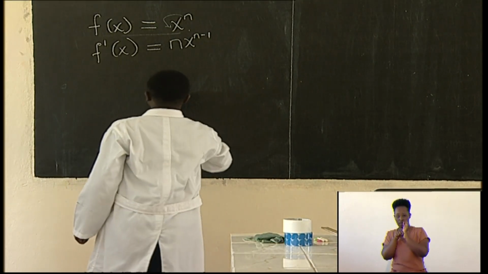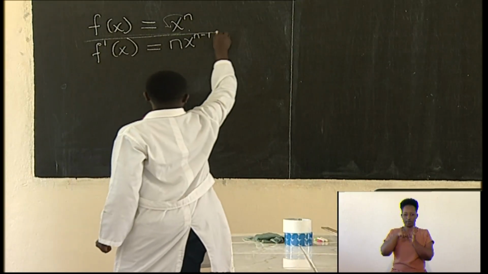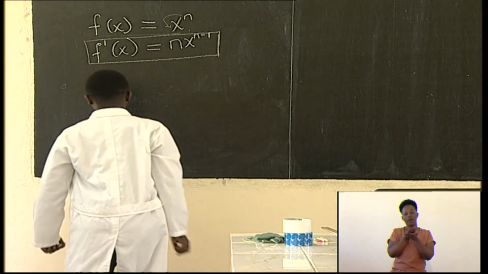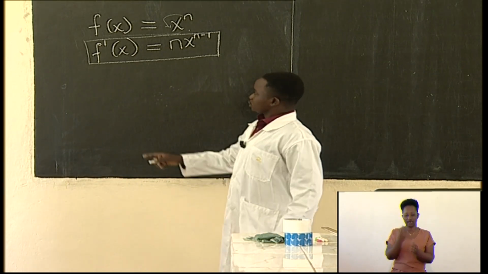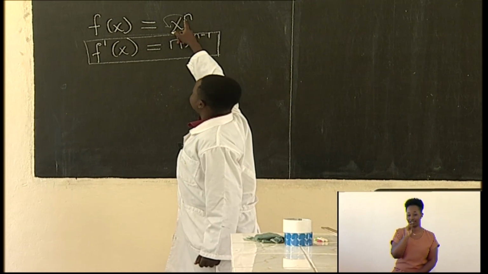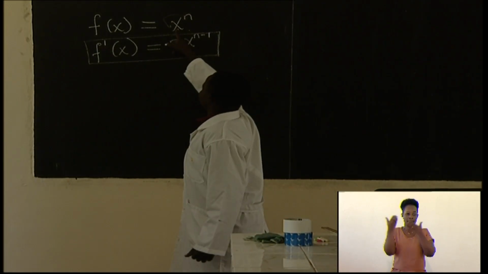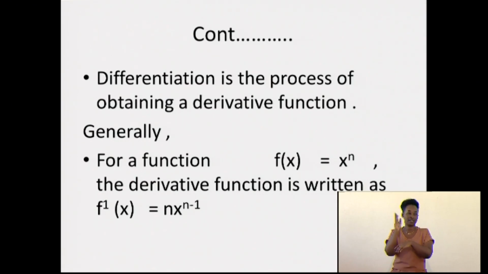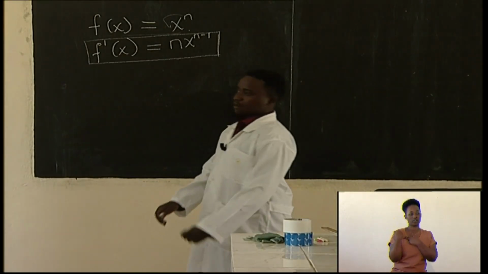We are going to apply this rule number 1 generally. So the derivative of this function will be n: you bring this power n, it can be 3, you bring that 3 here, then times the figure that you have here, then x power n, then you reduce it by 1. So this is the derivative function of this function that we have.